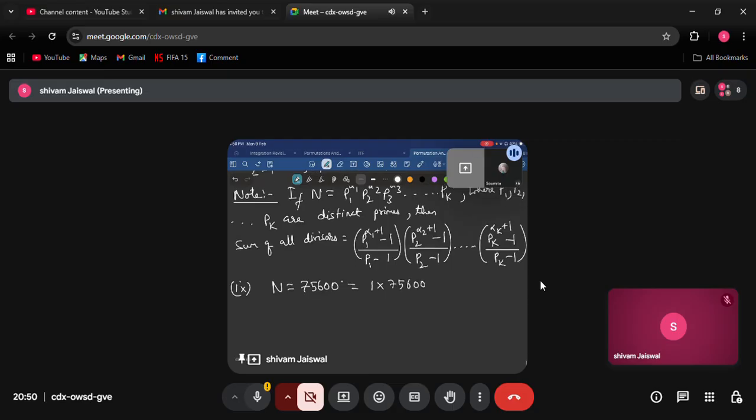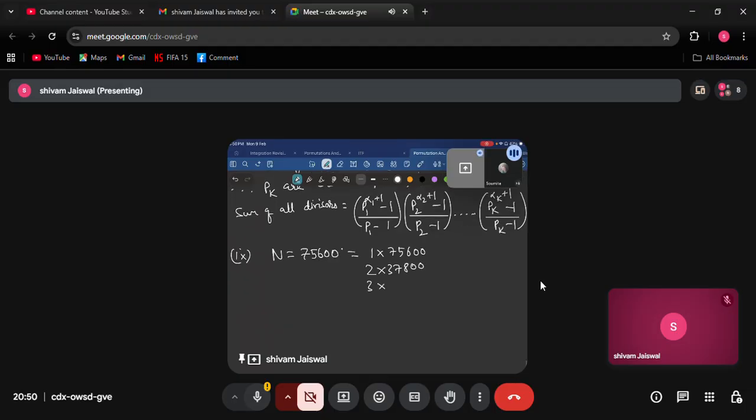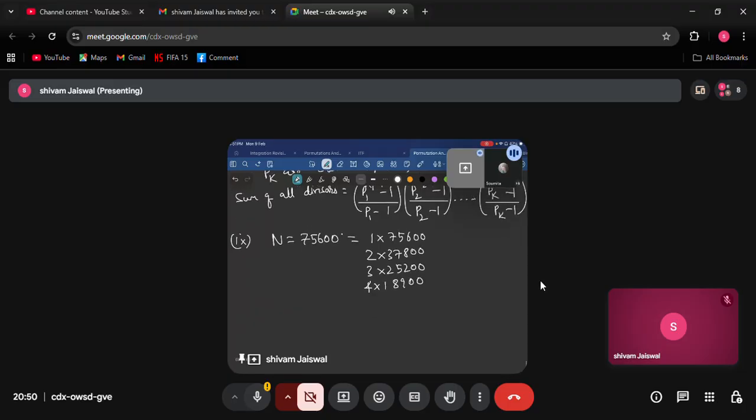Right, tell me. Raktim? Yes. It can also be written as 2 into 37800. It can also be written as 3 into 25200. It can also be written as 4 into 18900.